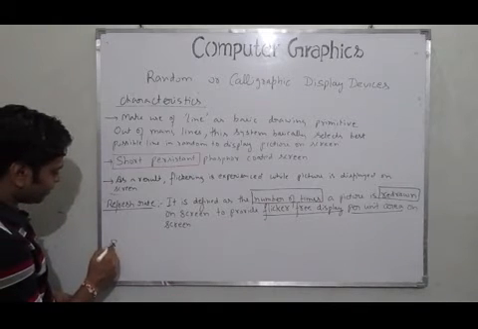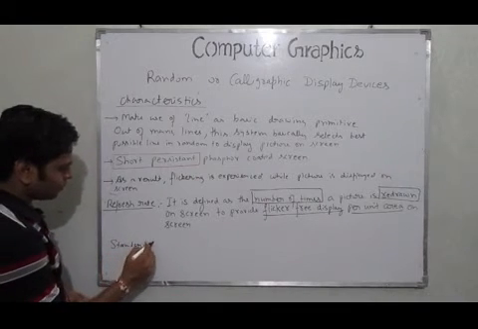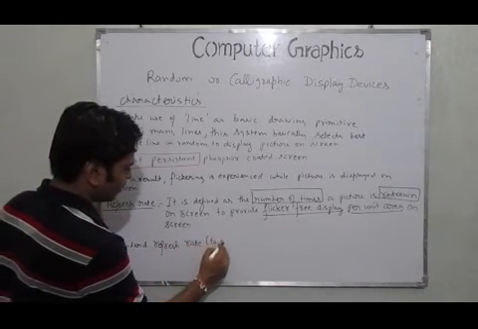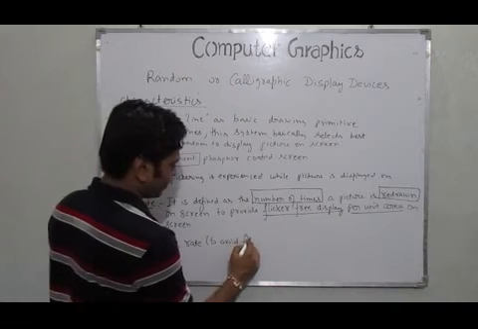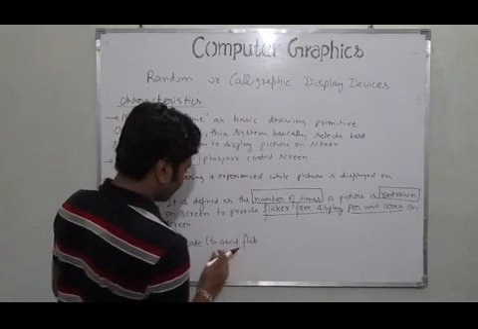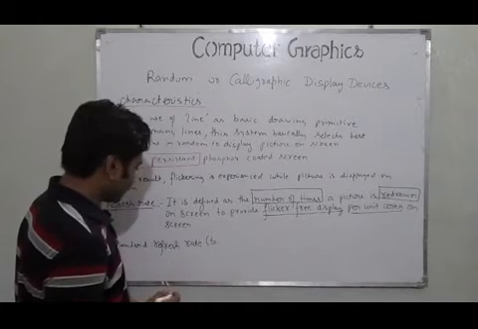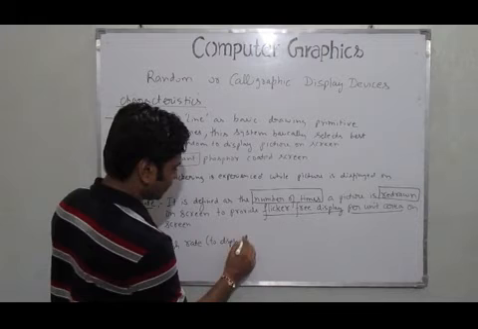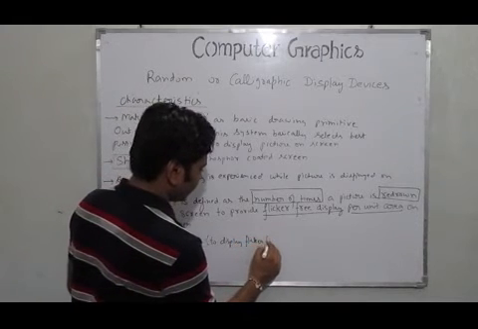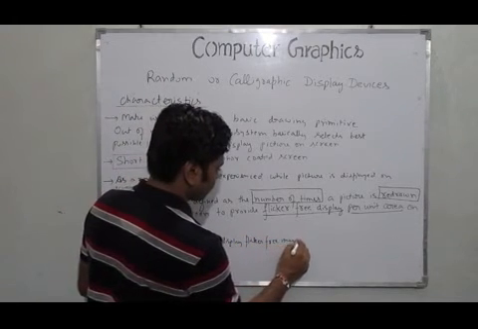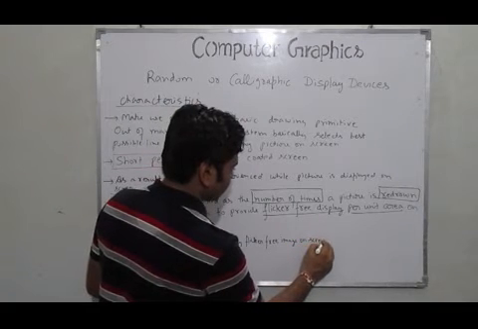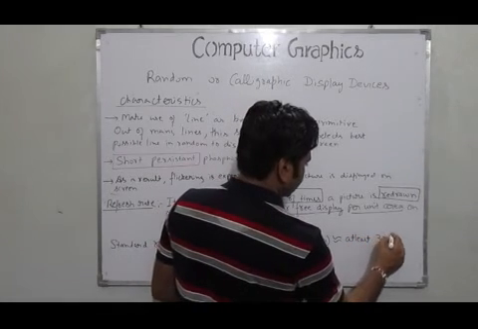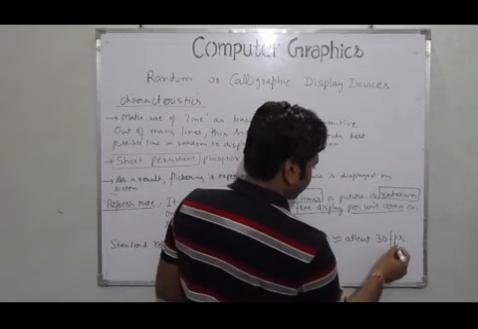So the standard refresh rate to avoid flickering, or you can say a standard refresh rate to display a flicker-free image on screen, is basically 30 frames per second.